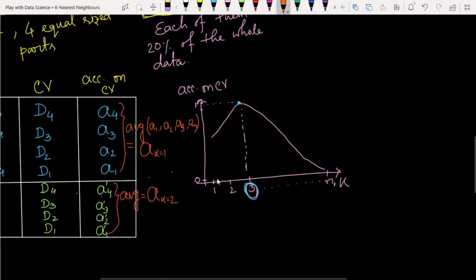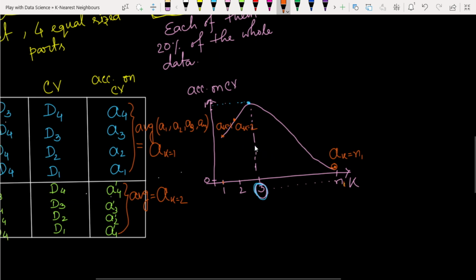Now we are plotting this. For k is equal to 1 this value will be a of k is equal to 1, for k is equal to 2 this value will be a of k is equal to 2, and for k is equal to n1 the value will be somewhere here on the curve. I think you have understood.